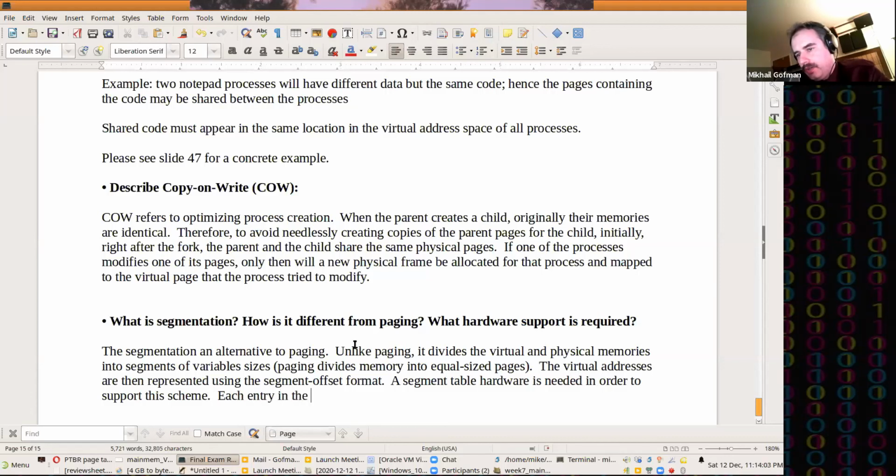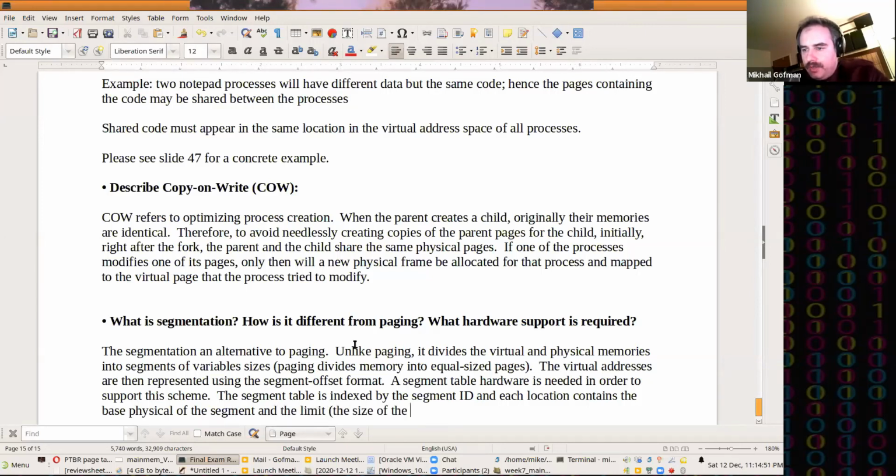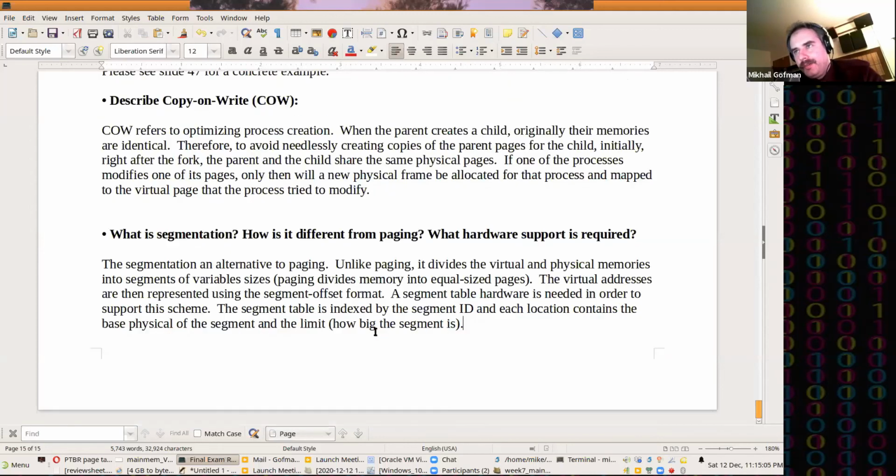So the segment table is indexed by the segment ID, and each location contains the base physical address of the segment and the limit, which is the size of how big the segment is. Okay, so that's basically the idea.